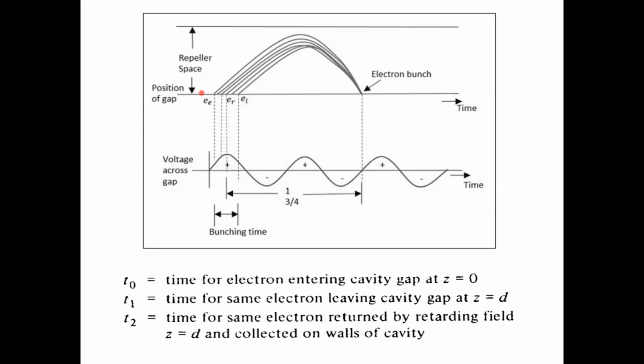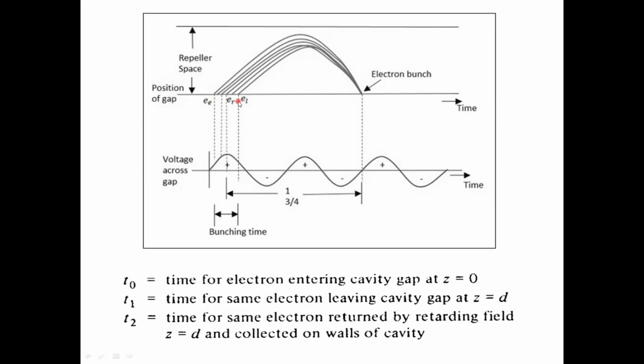First notice the position or status of the electrons participating in the velocity modulation: early electron, reference electron, late electron. After a certain time, all these electrons participating in the velocity modulation or bunching process are ready to meet at a particular point. That is called the electron bunch.